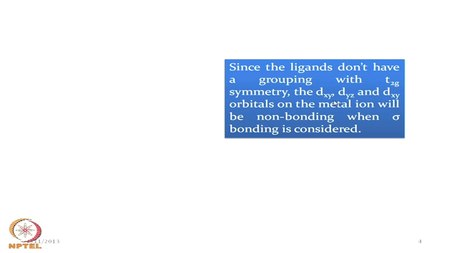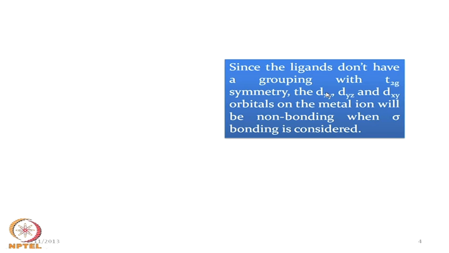The corresponding orbitals from the metal side, when we have complexes in zero oxidation state such as nickel tetracarbonyl or chromium hexacarbonyl, that is dxy, dxz and dyz orbitals on the metal ion, will be non-bonding when sigma bonding is considered.